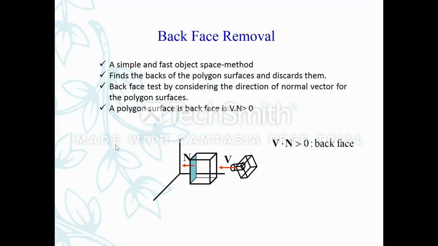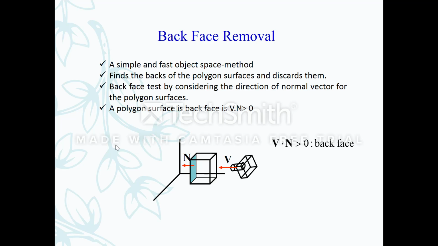Here is an example of a backface. As you can see, V is the view direction of the camera lens, and N is the normal vector of the backside of a cube, perpendicular to the surface. So N is in the left direction. As V is also in the left direction, the dot product of these two vectors is definitely greater than 0.